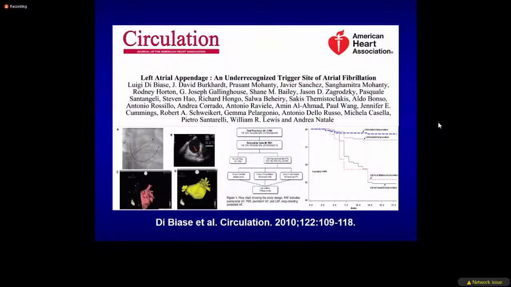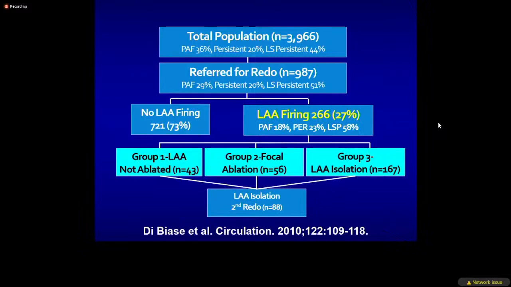And then the left atrial appendage is the other source that we described in 2010, showing that when that is a site for a non-PV trigger, isolation is the best approach, with the caveat that I mentioned in the case before in terms of follow-up. This paper shows about 27% of triggers from the left atrial appendage.